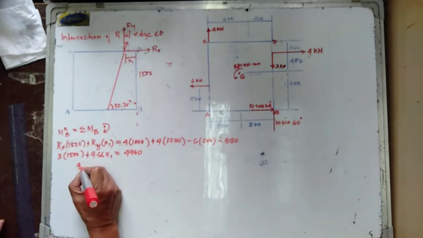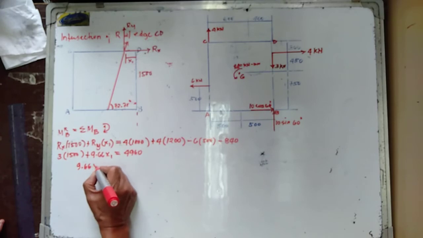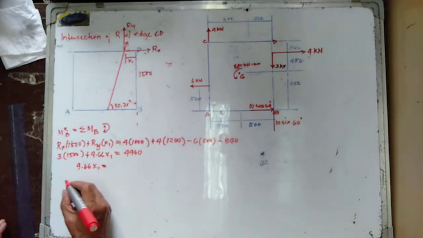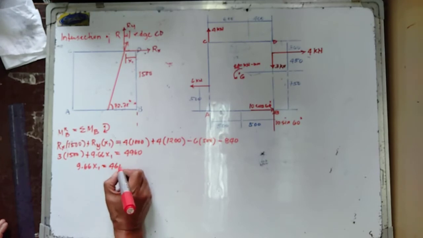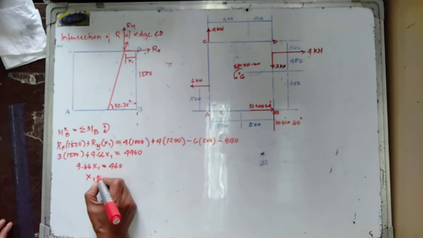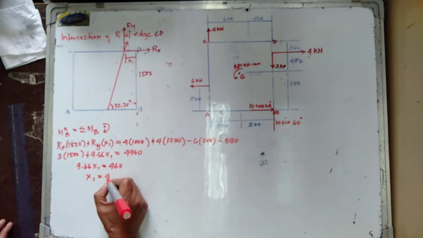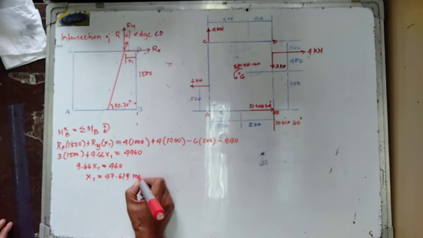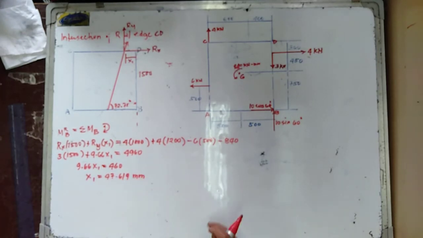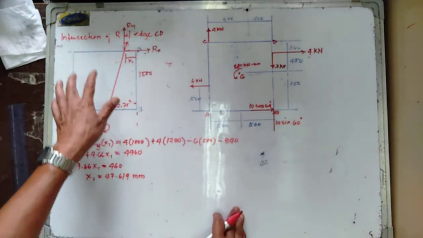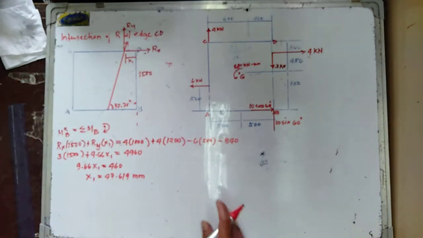Therefore, 9.66 x1 is now equal to 460. Hence, the value of x1 is equal to 47.619 millimeter. And therefore, the resultant force intersects edge AB and edge CD.